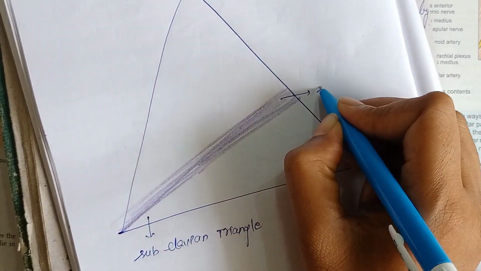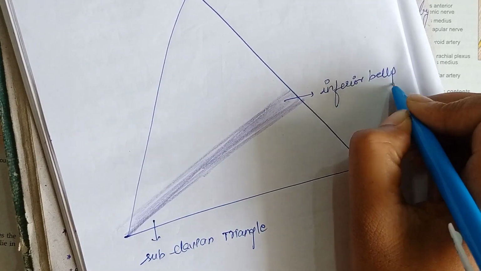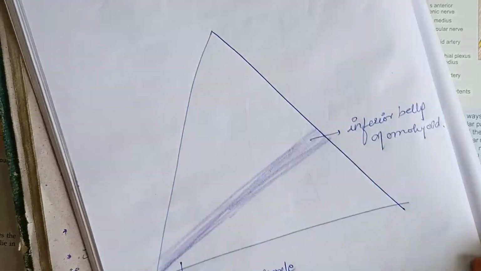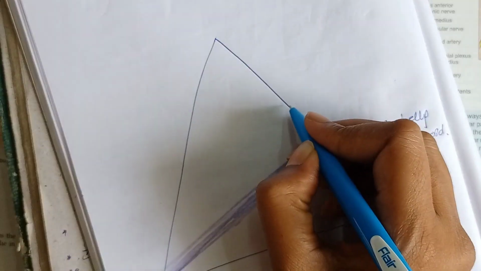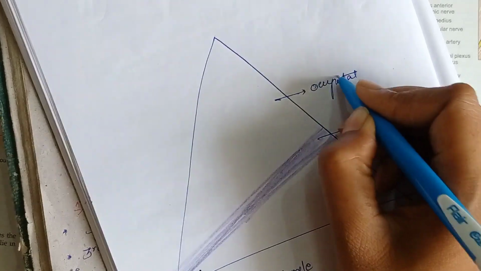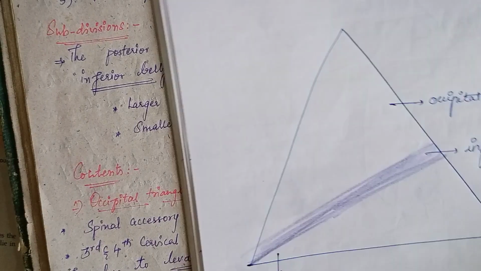The inferior belly of omohyoid divides it, and this upper part is called the occipital triangle, which is the large one. So the occipital triangle is finished.